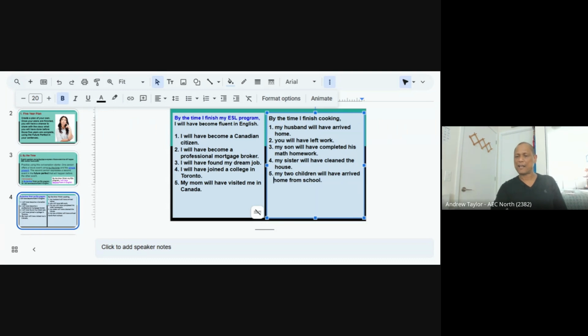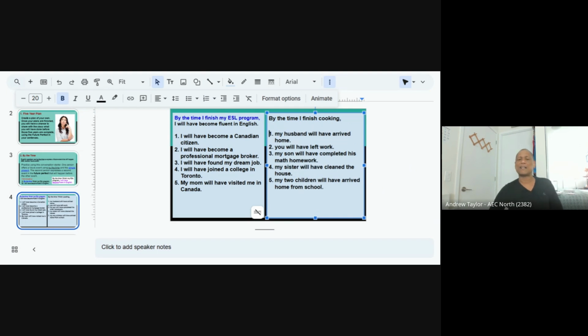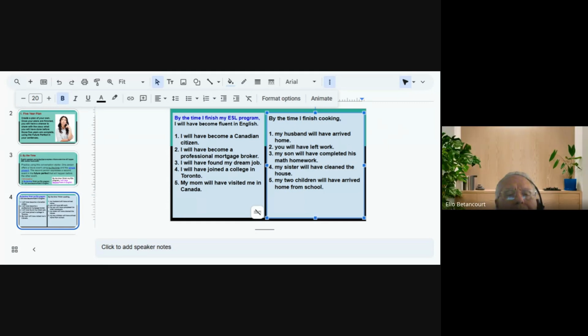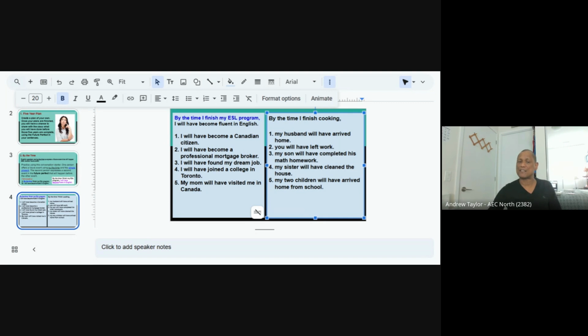Okay. Everybody, I'm doing this slowly and also simply, right? Okay, now I'd like you to read. Abdul Razak, please read the sentences on the left, and every time you read, you have to start with by the time.